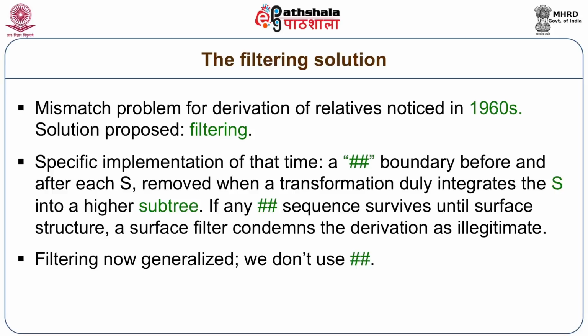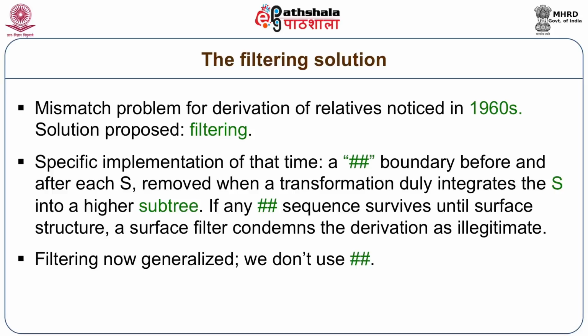The proposal for filtering was that when there is a transformation integrating a sentence into a higher sentence that embeds it, then that transformation, in addition to doing its own basic work, deletes these sentence boundaries in the embedded sentence, or rather on both sides of the embedded sentence. If the transformation fails to apply, for example, if you have relative clause material that is inappropriate and therefore the relative clause transformation, which is WH movement, fails to apply, then it also fails to delete the sentence boundaries.